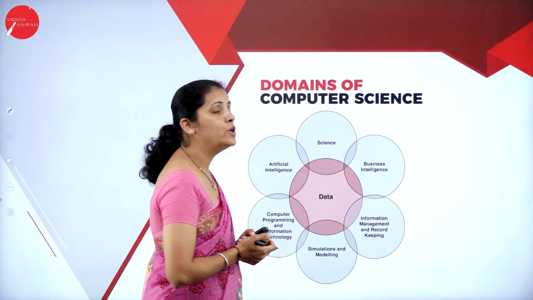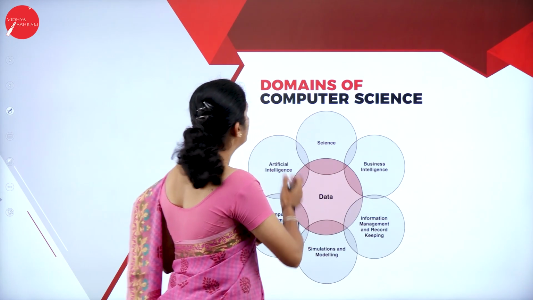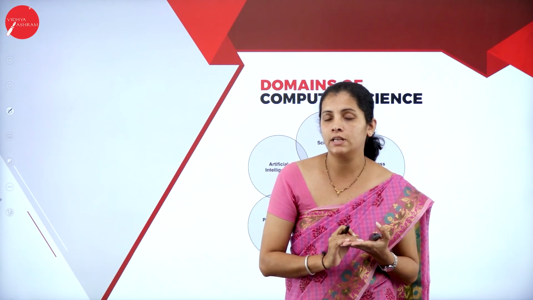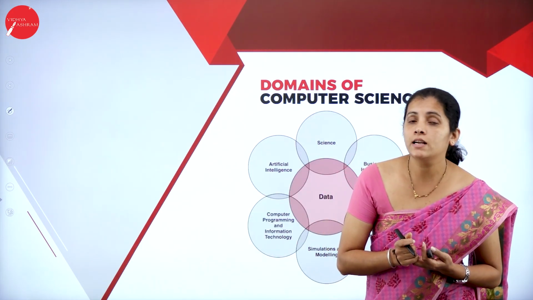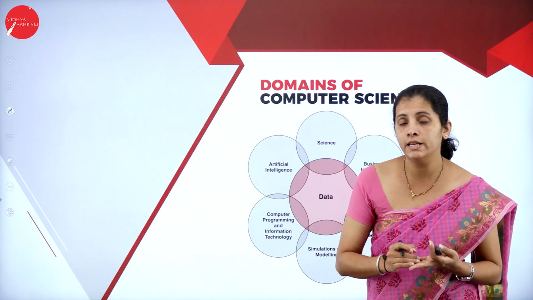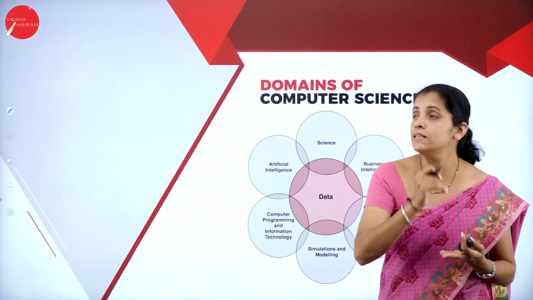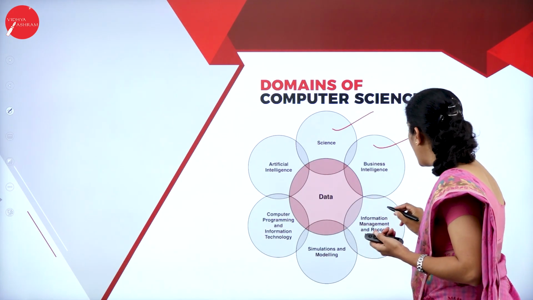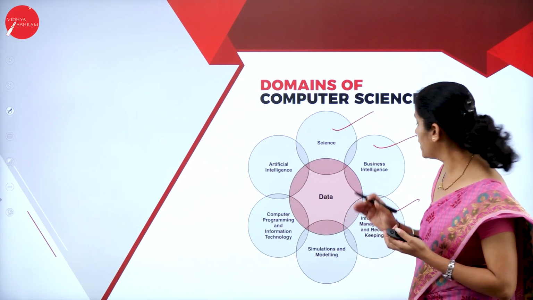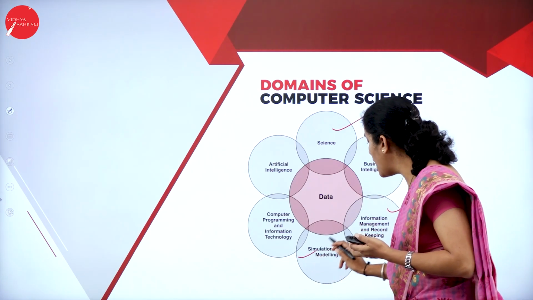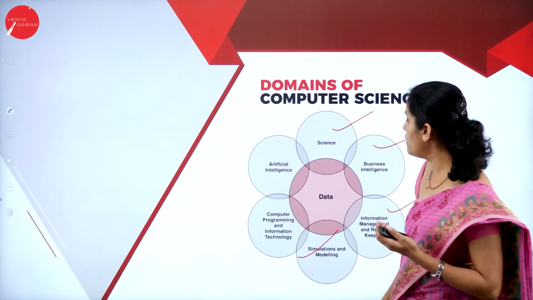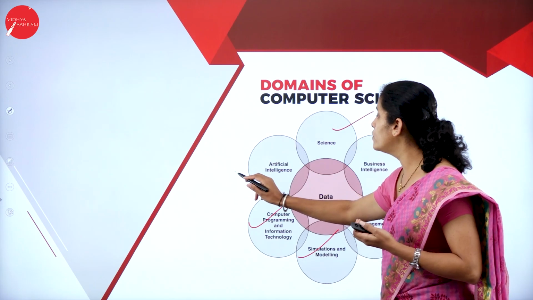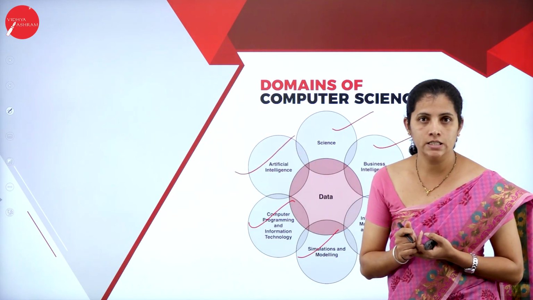Moving further, I am going to cover the domains of computer science. That means what are the fields of computer science. Suppose I select computer science as my core subject, then I'm going to have domains like science, business intelligence, then information management and record keeping, then simulations, then computer programming and information technology, and artificial intelligence.